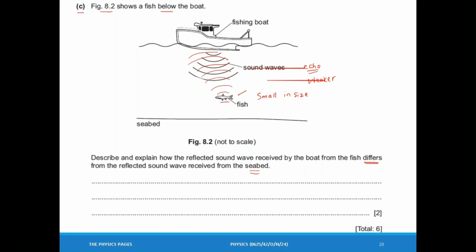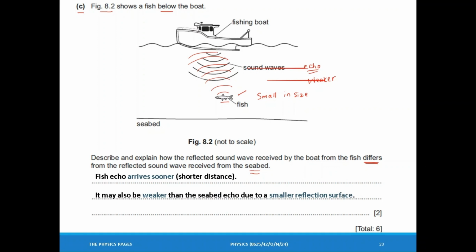So, first of all, we will say that the fish echo will be heard sooner. Secondly, it would have been a weaker sound wave as compared to the echo from the seabed, because the seabed area is very large. It may also be weaker than the seabed echo due to the smaller reflection surface.